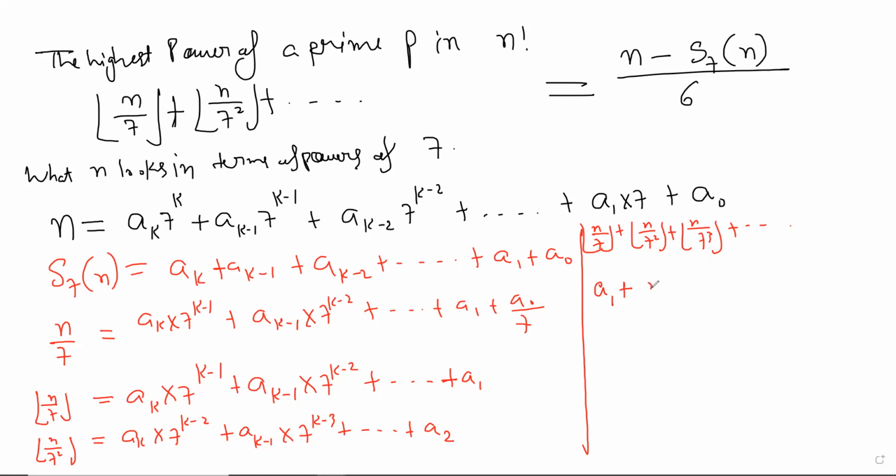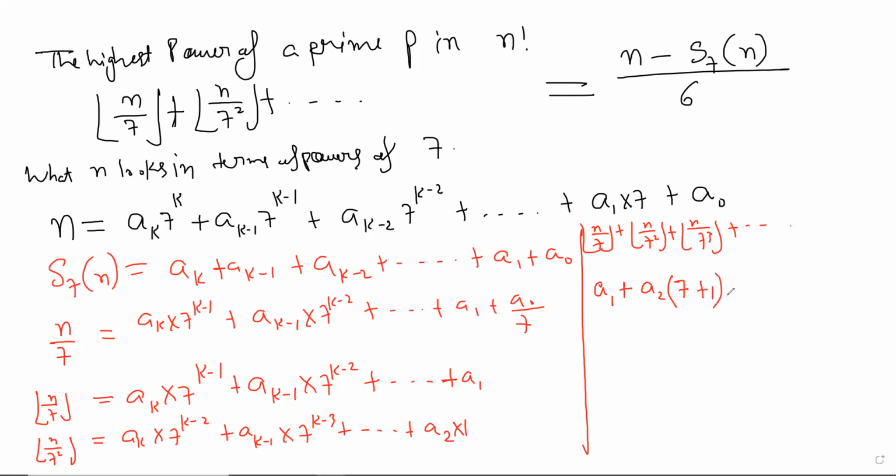Then a2, how many times are we going to get the a2 and with what coefficients? The a2 in n by 7 will be 7 times a2, that's 7. And the next time you get it in n by 7 square, the a2 is just with 1, right?